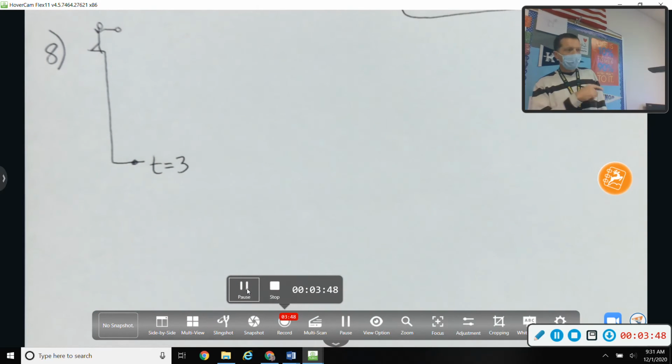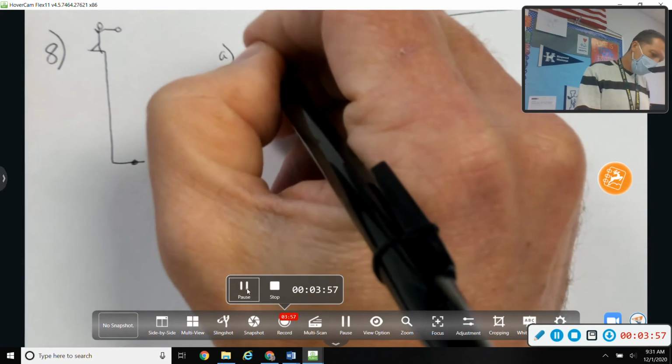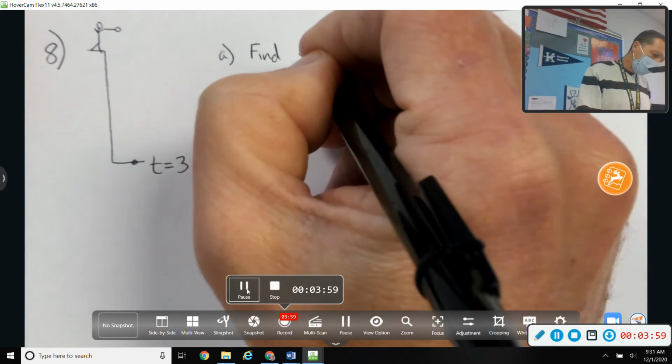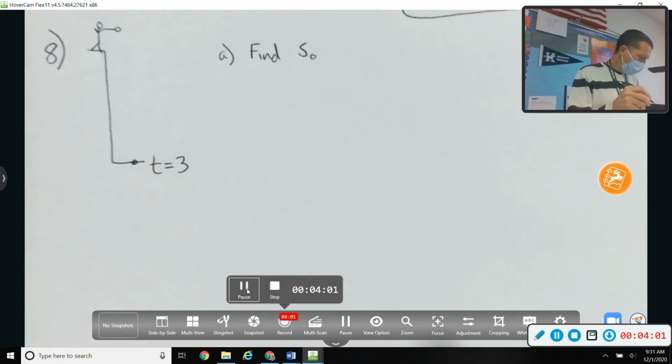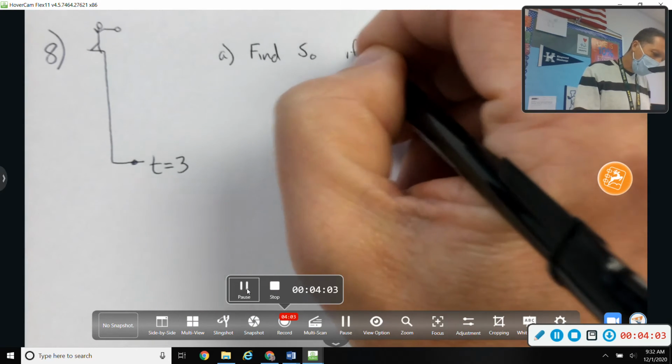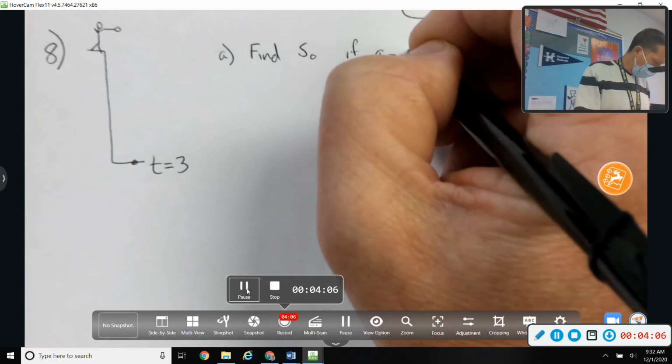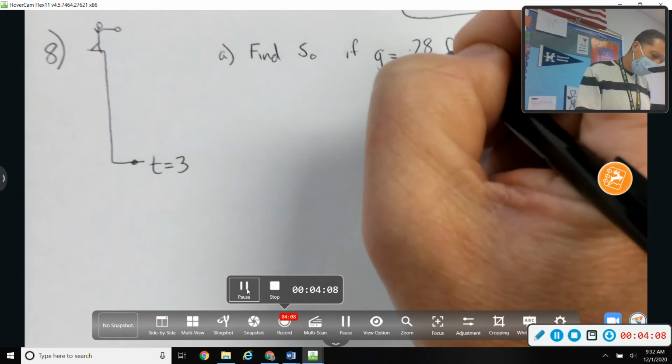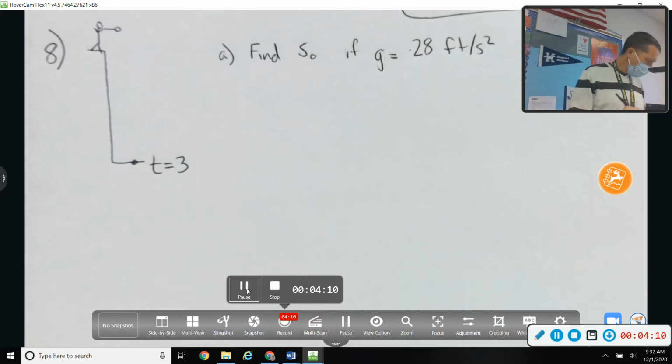This is related to number 6, but we have different information here. How high is the cliff? So in our language, that means find S0 if gravity is 28 feet per second squared.